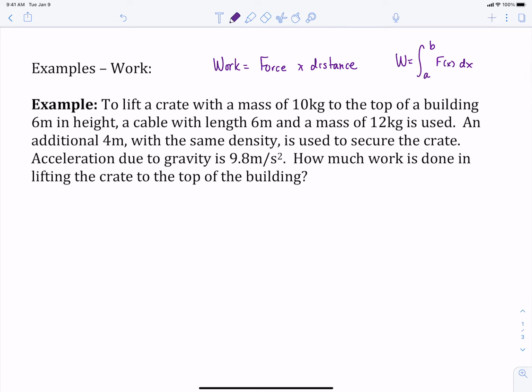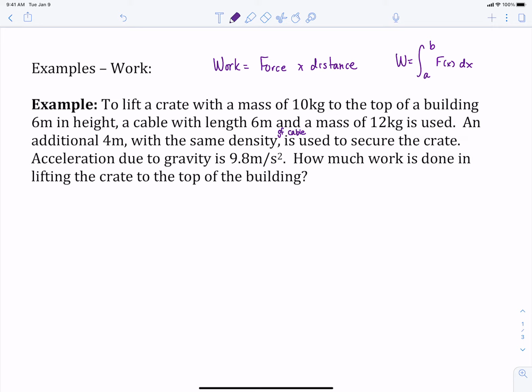So it says to lift a crate with a mass of 10 kilograms to the top of a building 6 meters in height. A cable with a length of 6 meters and a mass of 12 kilograms is used. An additional 4 meters with the same density of cable is used to secure the crate.